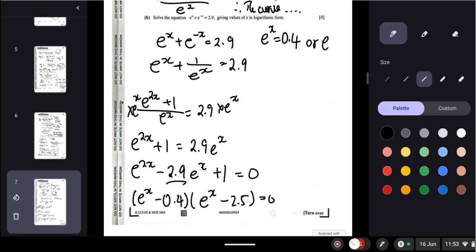So no idea why Cambridge gave 2.9, but that's weird. It should give a better number, like 3 or something. Why 2.9? I have no idea. The Cambridge marker wanted to play, but yeah.